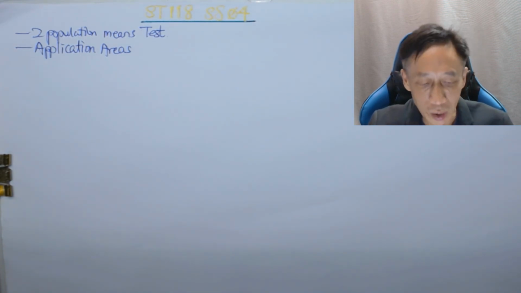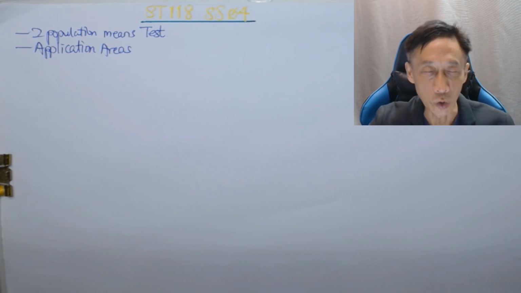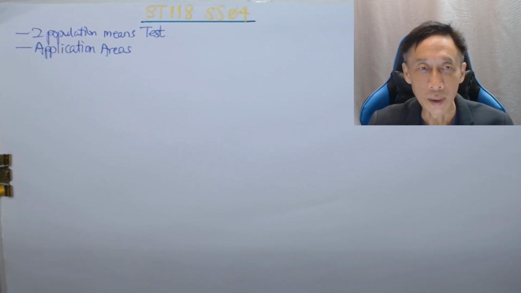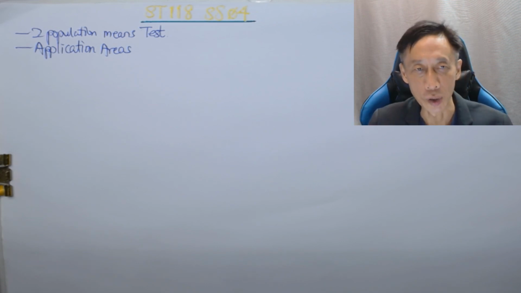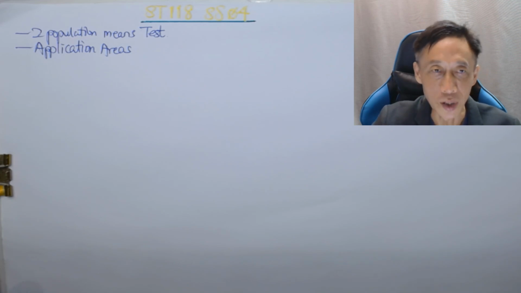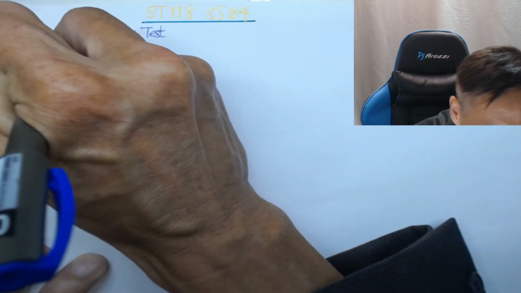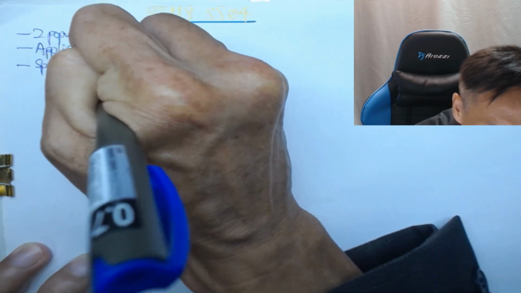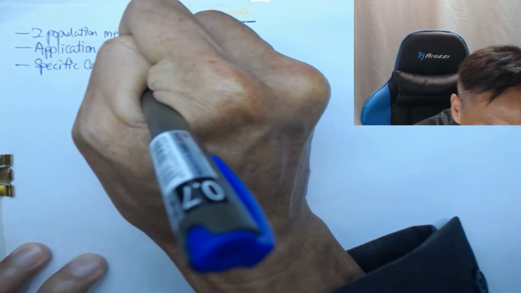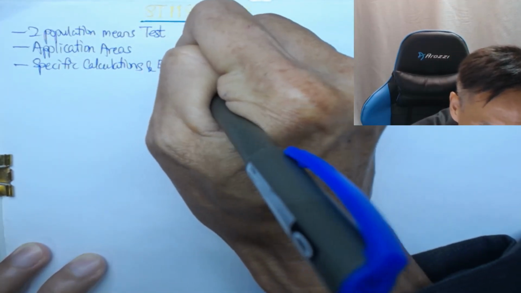So I want to talk about that to tinkle your mind into associating this skill that you learn, automatically hopefully, so whenever you next see this kind of situation, you will want to use this family of tests. And then we want to discuss specific calculations pertaining to the two population means test, and see some examples.